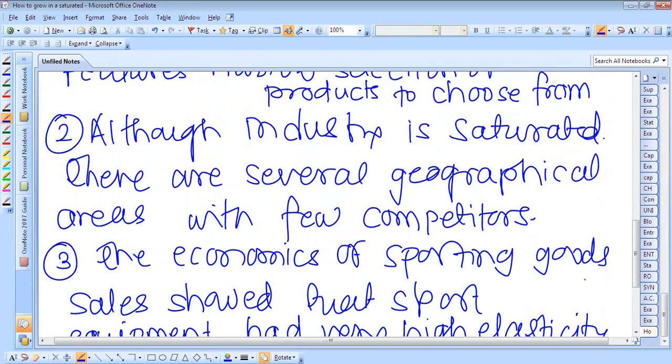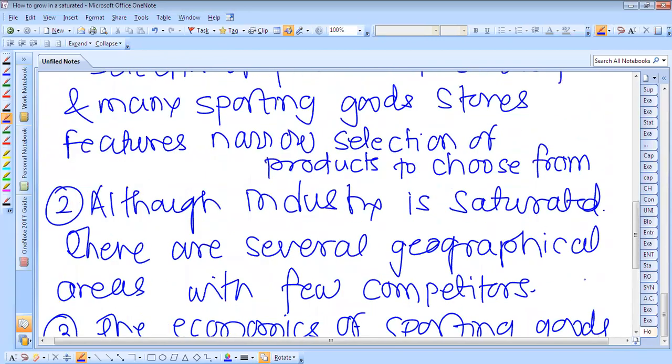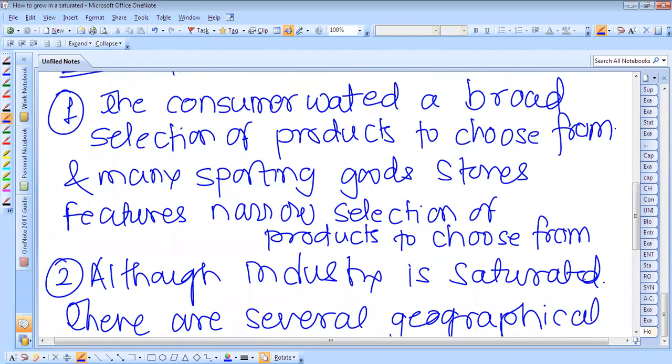So even though the market is saturated, if you give the answer to these three points, we can also grow in a saturated market.